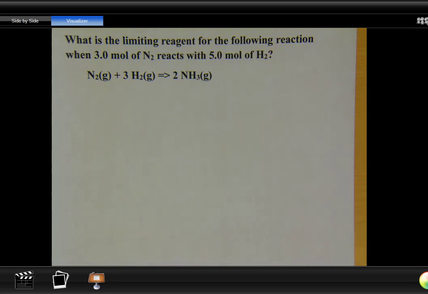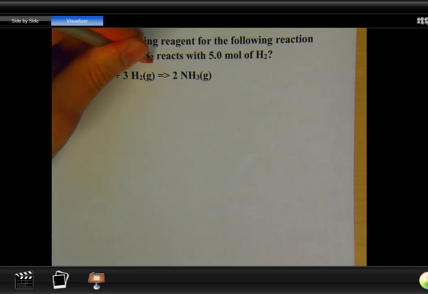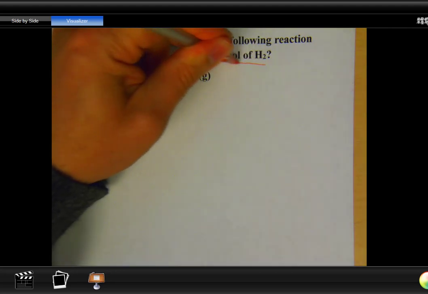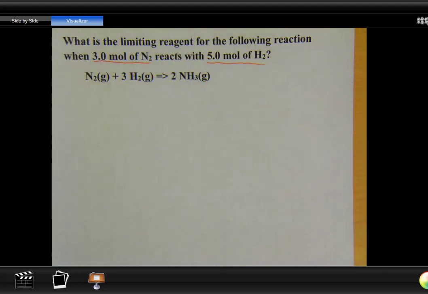So let's look at this question. What is the limiting reagent for the following reaction when 3 moles of N2 reacts with 5 moles of H2? Some things to notice here. We are provided two numbers, moles of N2 and moles of H2.